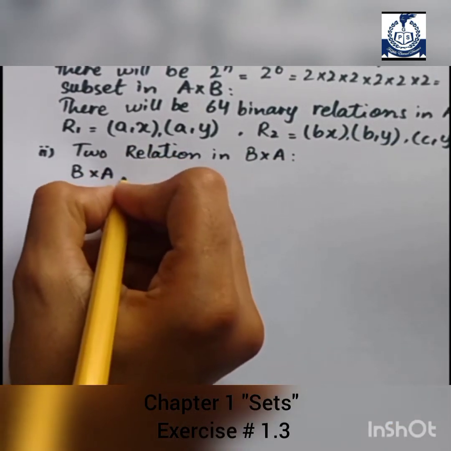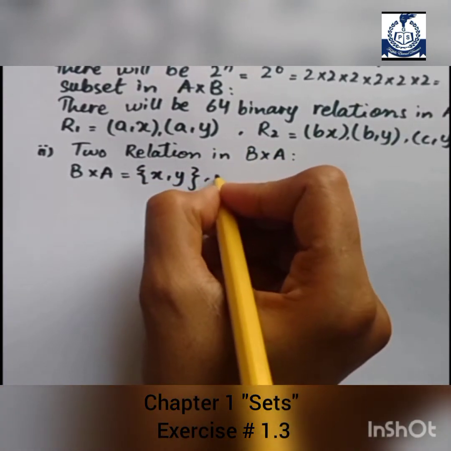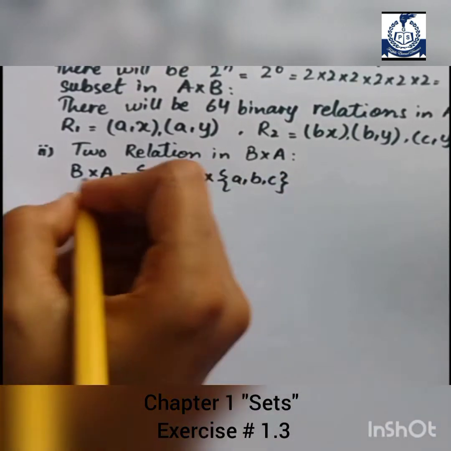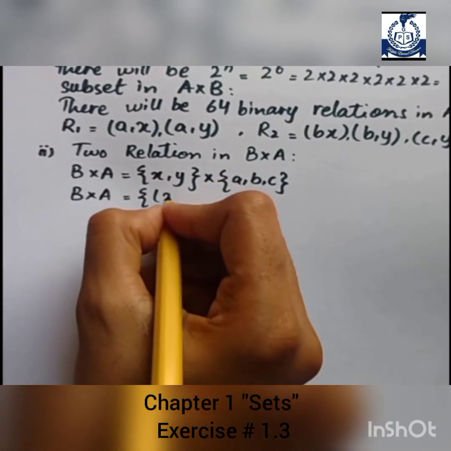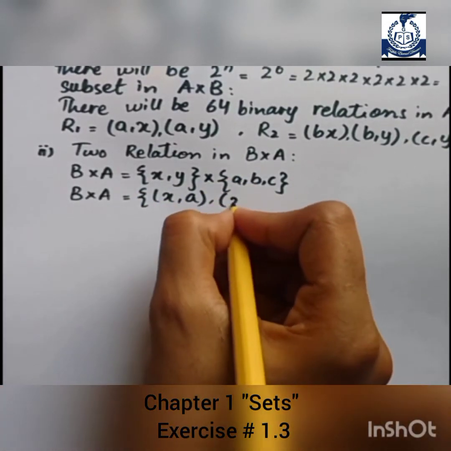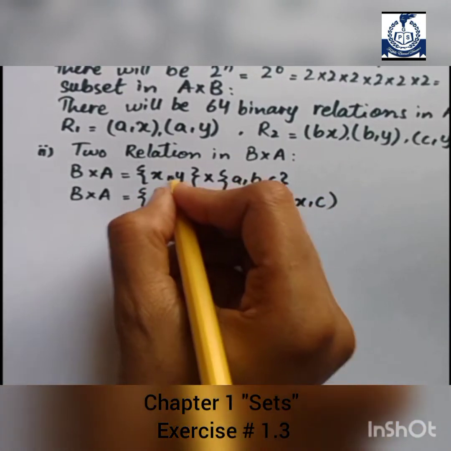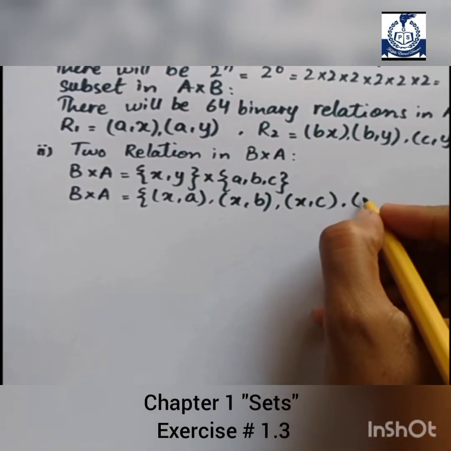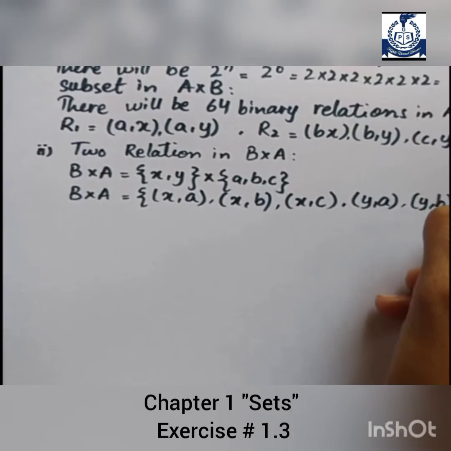B Cartesian product A is equal to, in the place of B we write the elements of B, x, y, Cartesian product, in the place of A we write a, b, c. B Cartesian product A is equal to, first we take (x, a), (x, b), (x, c). Then we take (y, a), (y, b), (y, c).